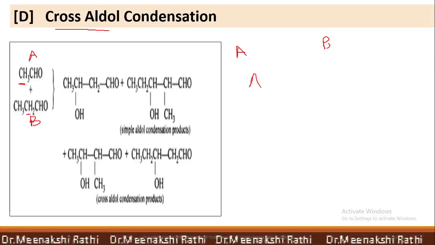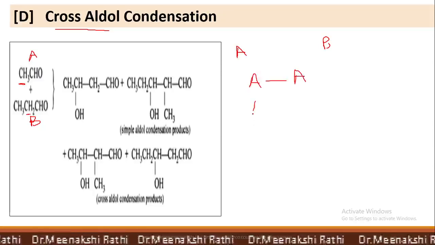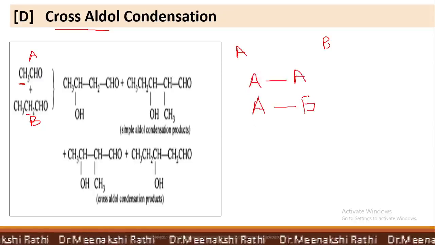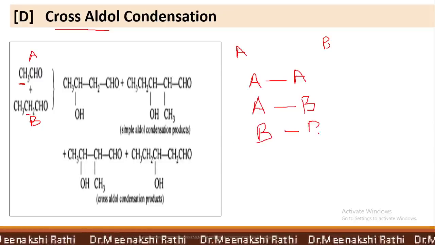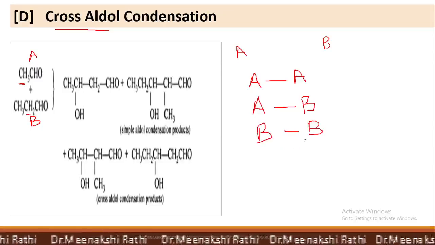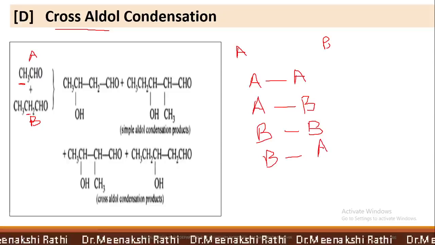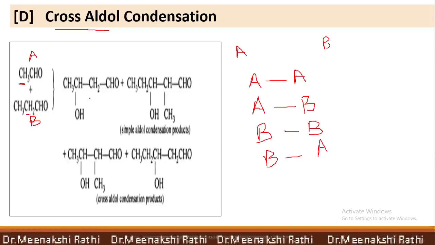Those are A condenses with A, then A condenses with B, B condenses with B, and B condenses with A. So these 4 products are formed. These 4 products are shown here.